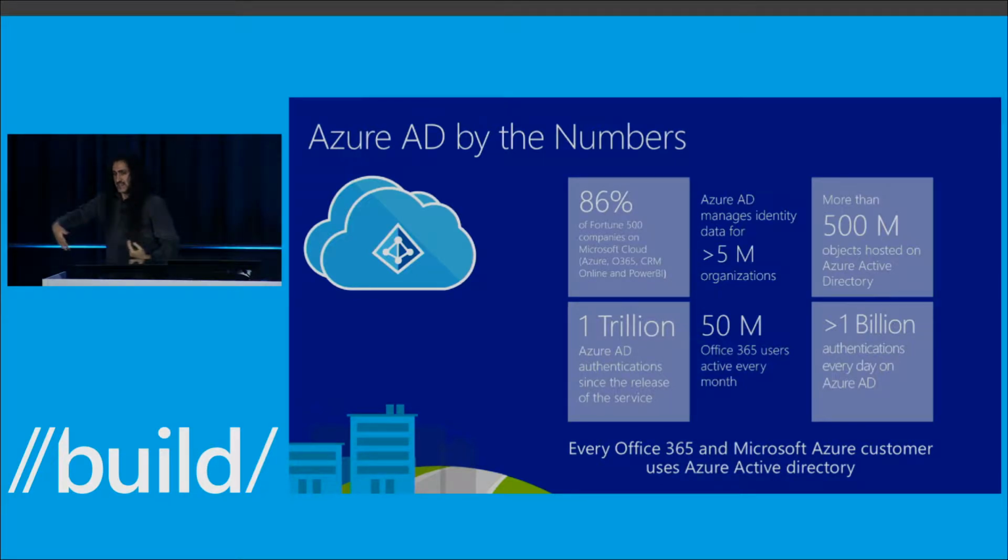As you can see here, there are a few numbers, just to impress you, of course. But if you integrate your application with Azure AD, that's the thing that allows you to access all the customers that are already using Office 365. And there is a boatload, like more than 5 million companies are using this thing.